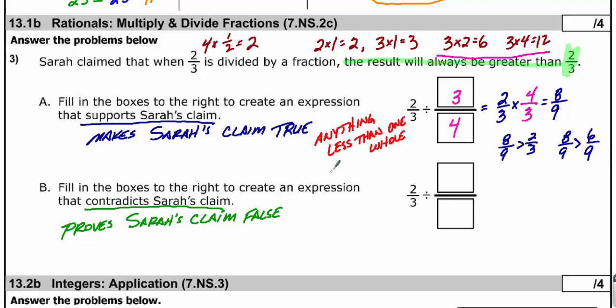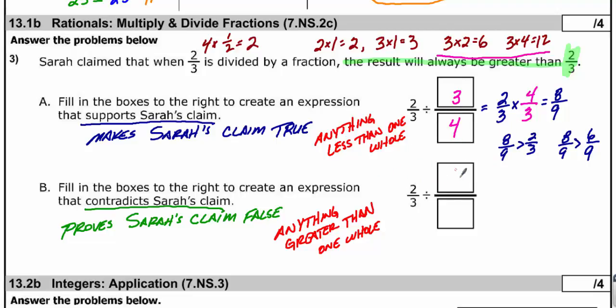So now we're going to contradict Sarah's claim. Well, if anything less than 1 whole ends up with a number greater than you started, anything greater than 1 whole will give us a contradiction to Sarah.